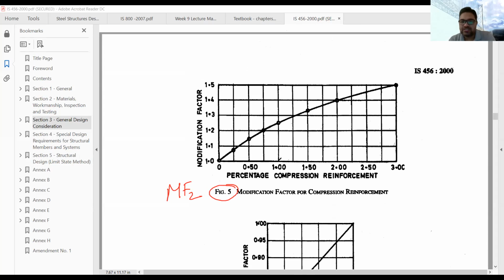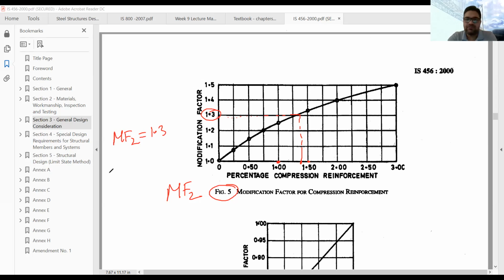You can see this is 1%, this is 5%, so 1.4 will be something here. Corresponding to this, the approximate value of MF2 will be 1.3. So MF1 is 1 and MF2 is 1.3.